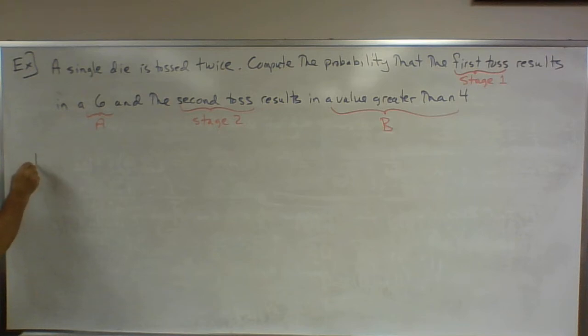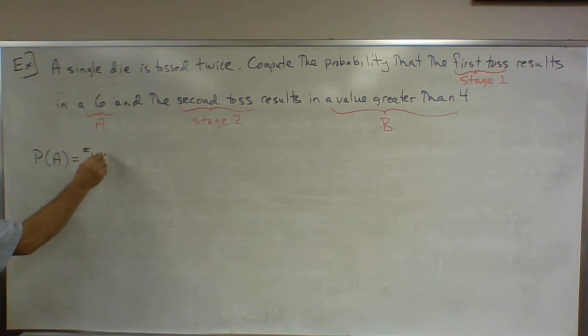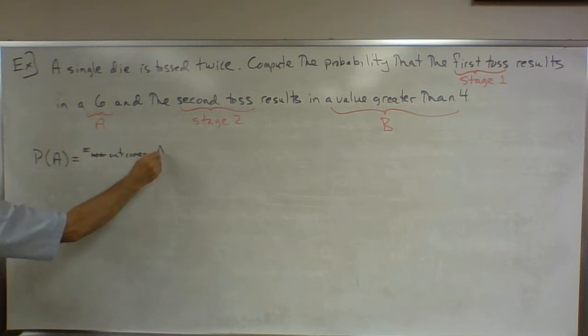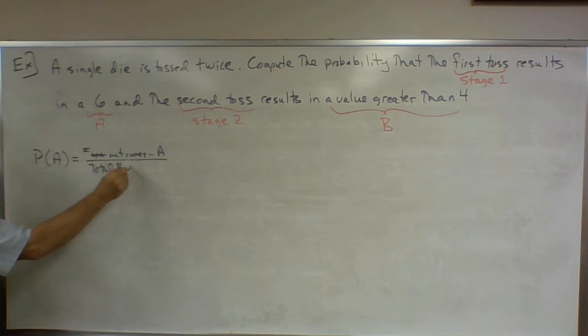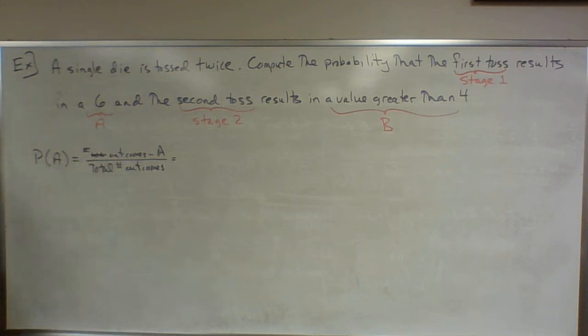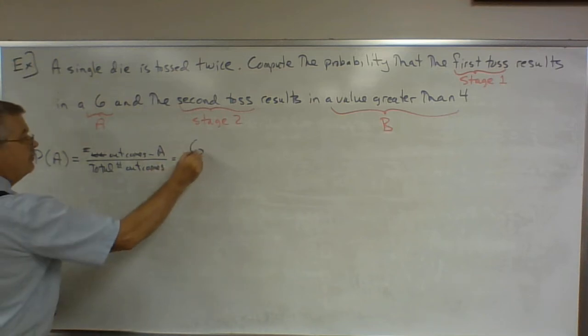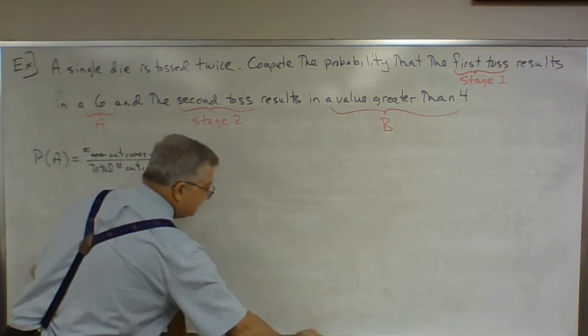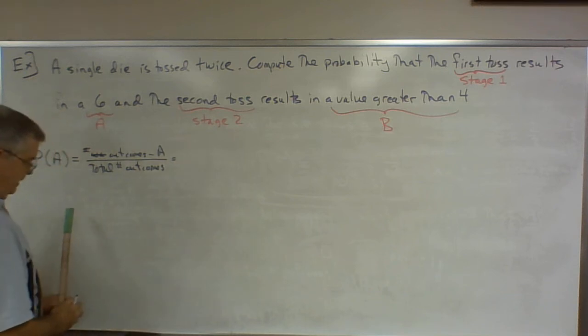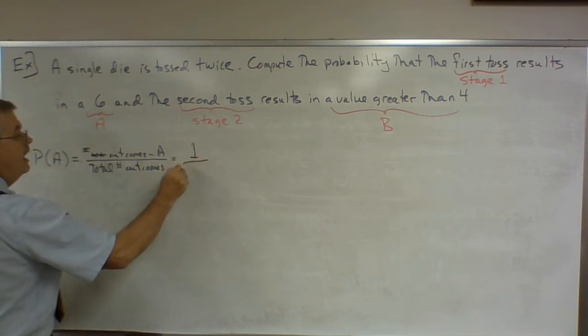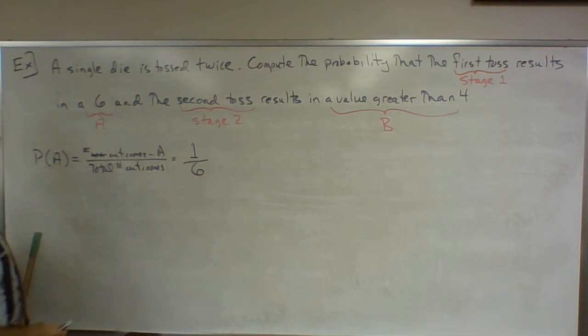Let's see, probability of A, number of outcomes resulting in A over total number of outcomes. We toss a single die and we get a 6. There's only one way that can happen, and there are 6 total outcomes.